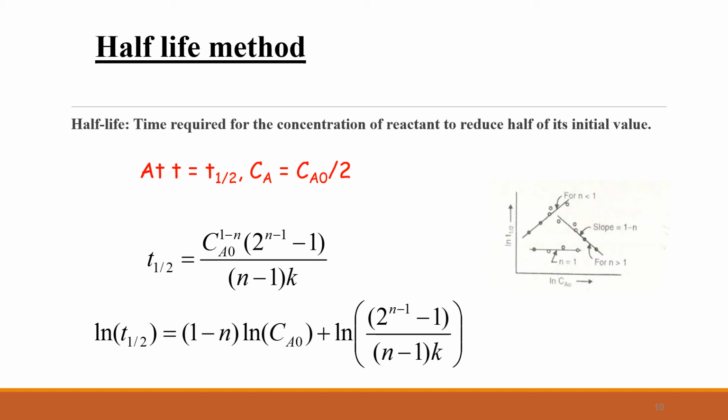Below is the linear form of half-life equation. A plot of ln t-half versus ln CA0 will give you a straight line with a slope equal to 1 minus n. We have to determine the half-life of the reaction each at initial different concentrations of A to determine n and k.